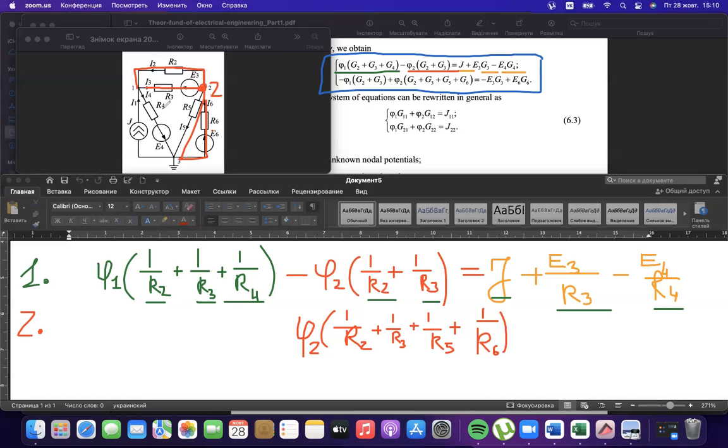That differs from the previous case. In the previous case it was R2, R3, R4.